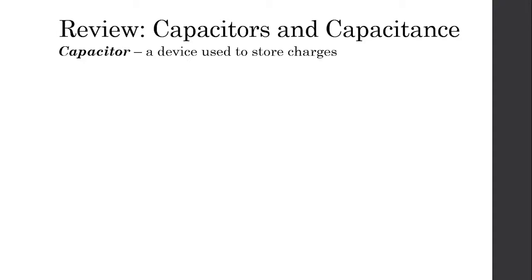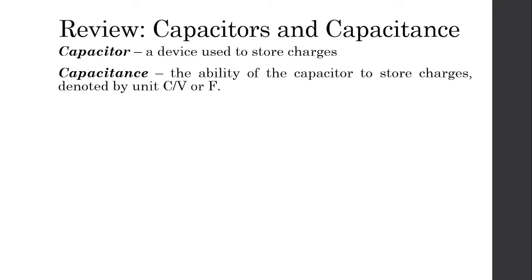We know that a capacitor is a device that we can use to store charges. It's usually a combination of two plates separated by a distance, with a dielectric material between them, and when we add a voltage, some of the charges, more specifically the negative charge from one of the plates, move onto the other side of the plate, and that's how we store charges.